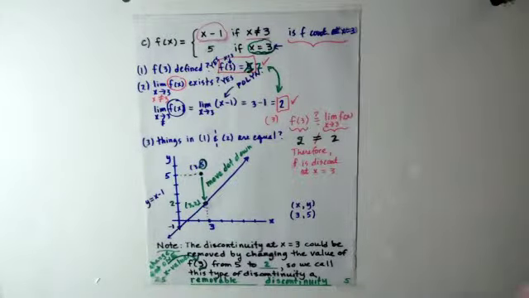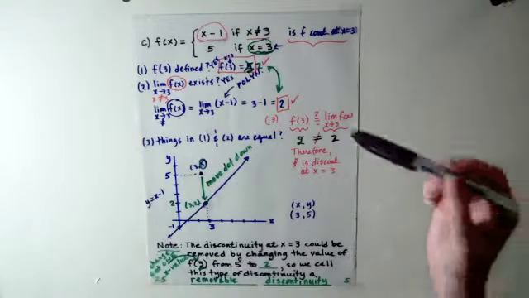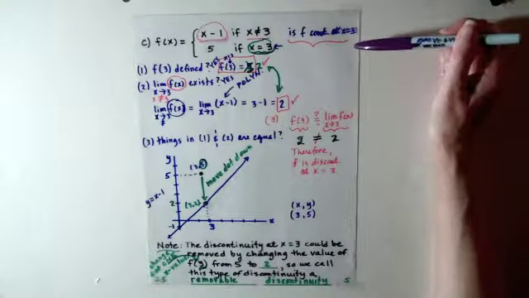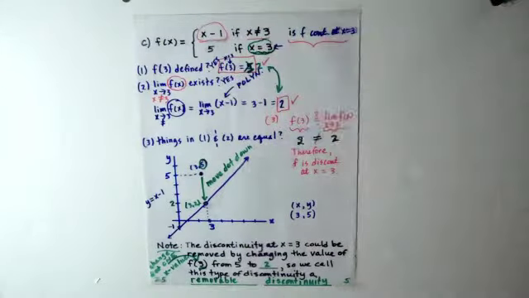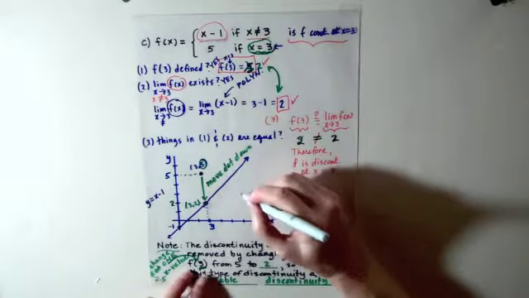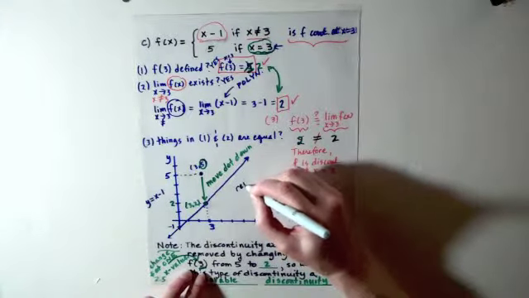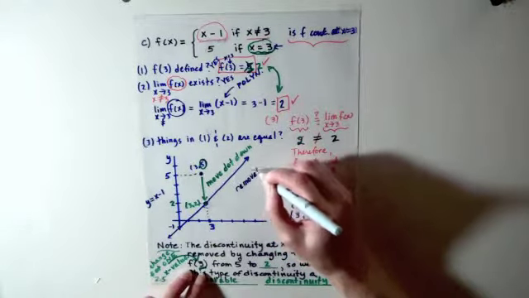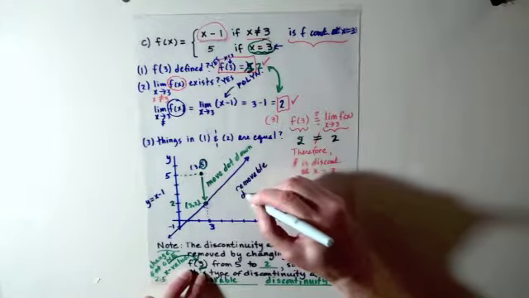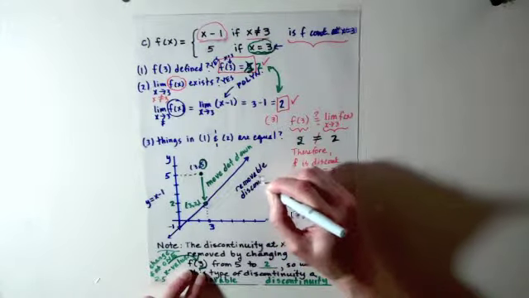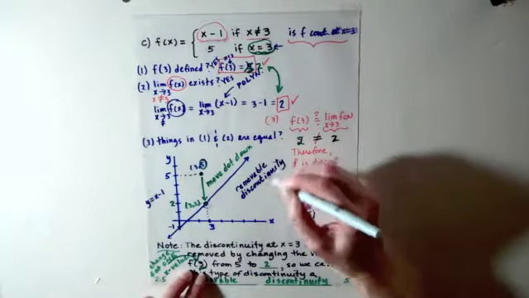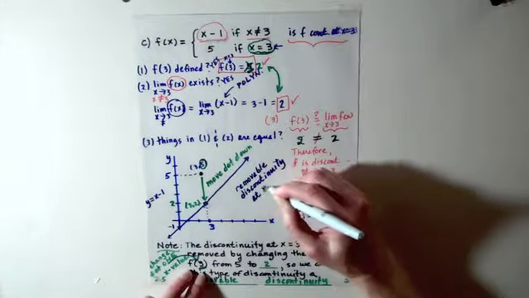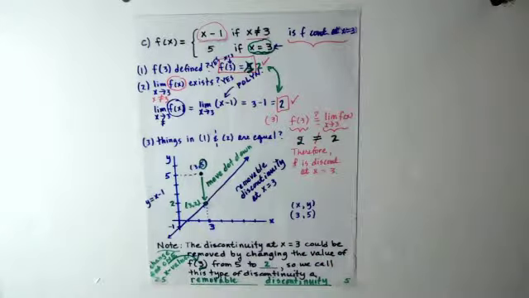So in this example, our function f of x is discontinuous at x equal 3 if we look at the function as it was originally defined, but we say that it has a removable discontinuity at x equal 3 because we could get rid of it.